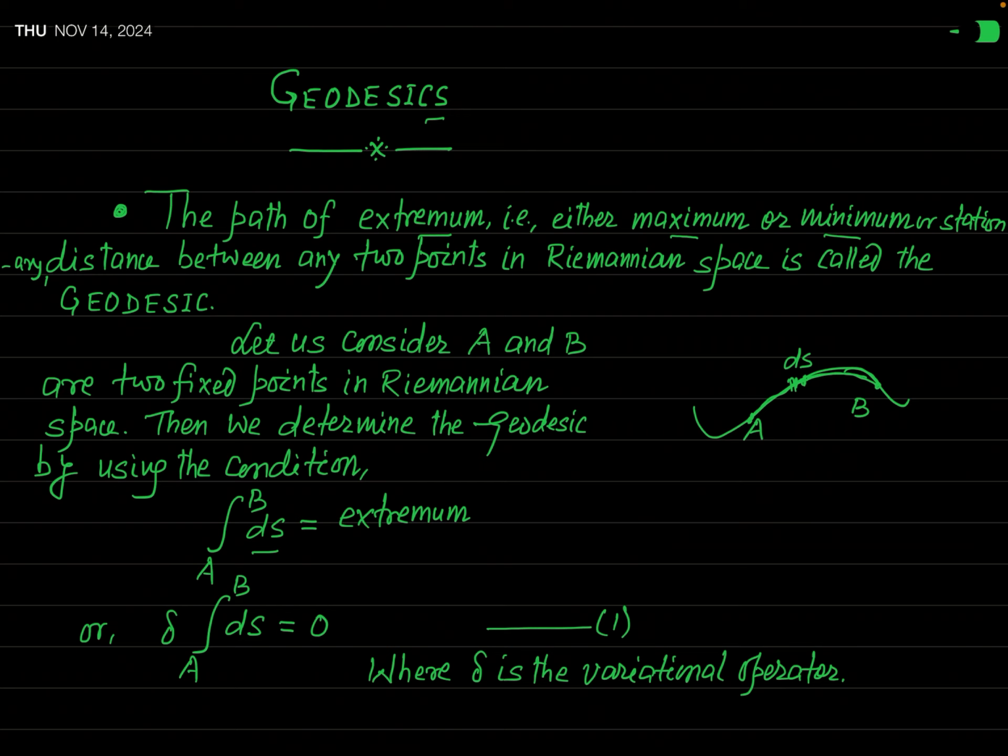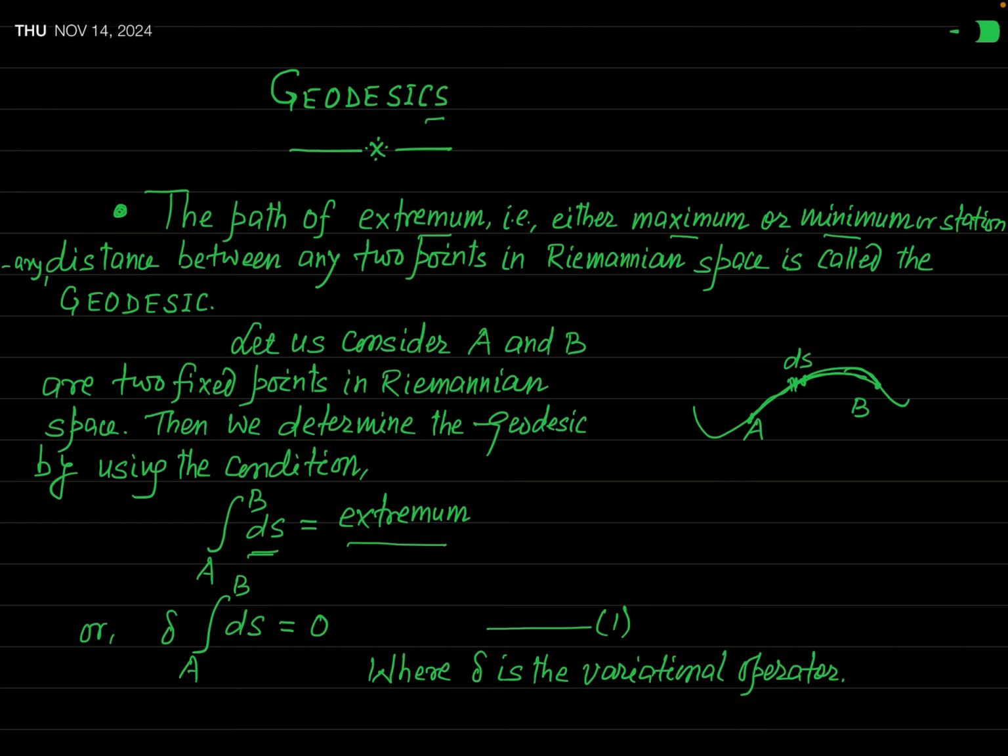So the condition using which we can determine the geodesic is written as: the integral from a to b of ds must be extremum. You have definitely studied the calculus of variation in classical mechanics.